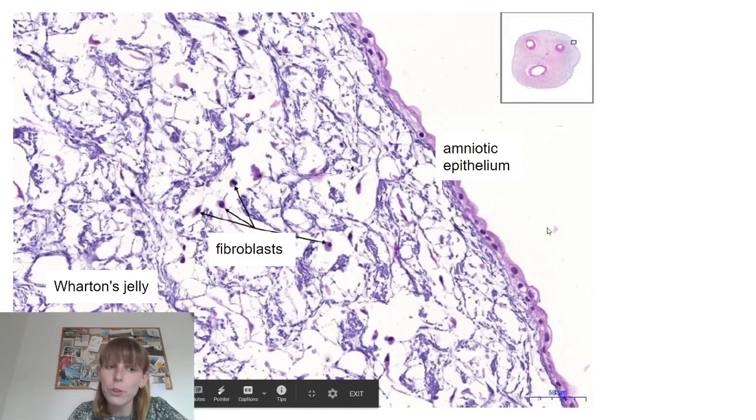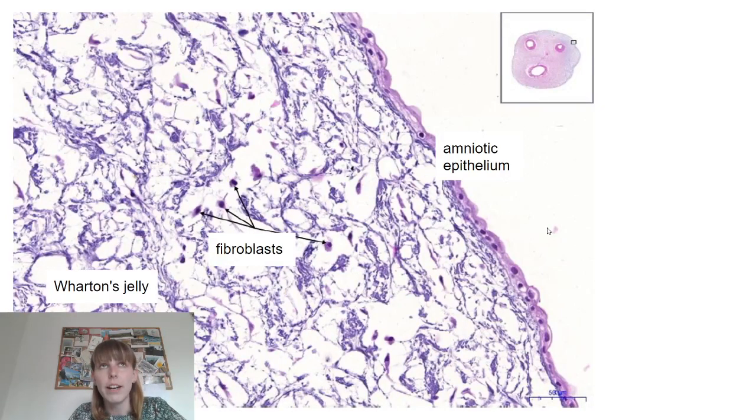And so the Wharton's jelly is a jelly, so it has a high amount of glycoproteins because they bind a lot of water, which makes the final sort of consistency quite jelly-like. So you would also have them in cartilage, for example.